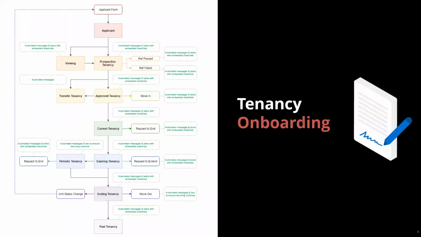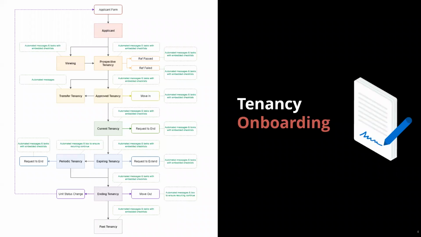But the whole idea is a way for Arthur to automatically push texts or emails or create tasks as and when you do something in the system. So when we create a viewing, for instance, you can have a set of automated emails or texts generate and send out to, for instance, the viewer or the current housemates within the house.